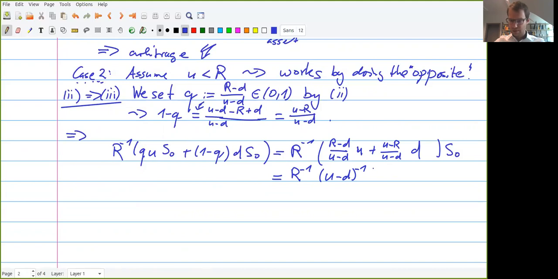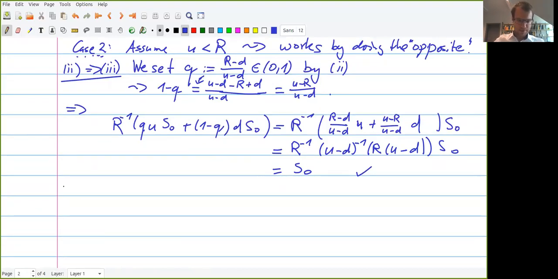And then we have r minus u minus r multiplied with d. And now these r's are canceling, the first terms are all canceling. So what is left is a zero. All right, that's exactly what we wanted to have. So q is doing the job.